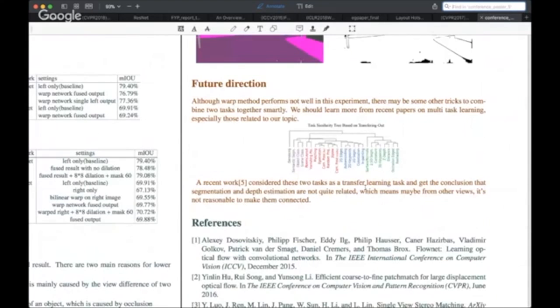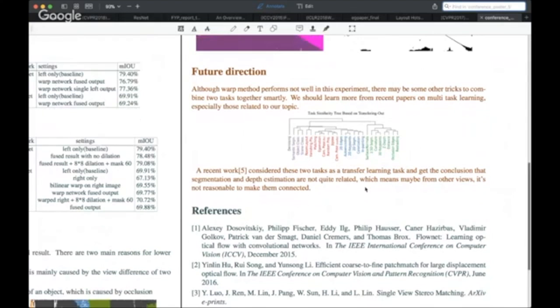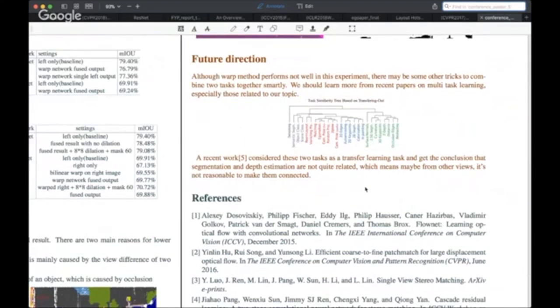We think the warp method is not good, but there may be some other tricks to combine these two tasks together smartly. So we should learn more from recent papers on multitask learning, especially those related to our topic. We also reviewed some recent works on multitask learning.